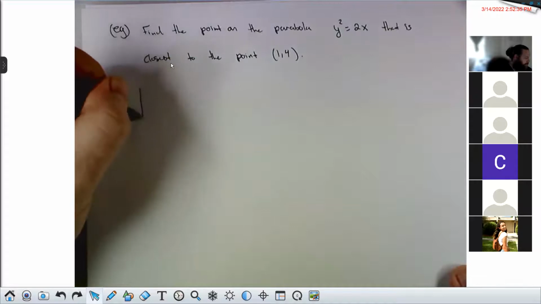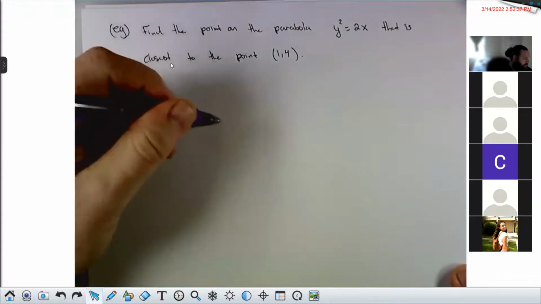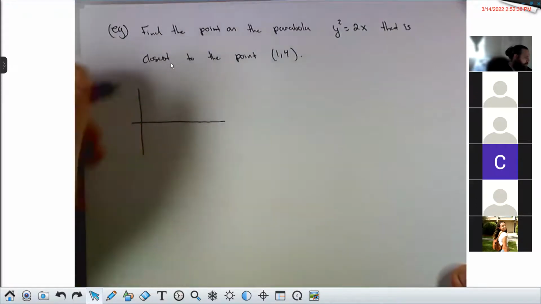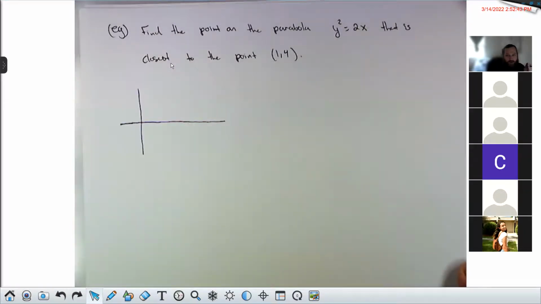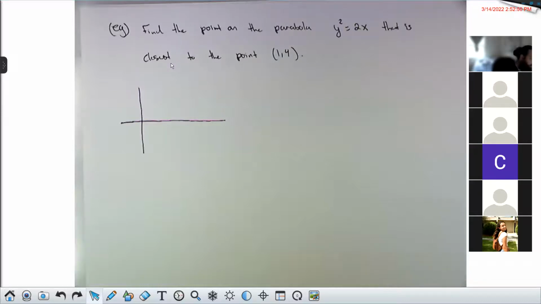Definitely, it is helpful to sketch the graph here. That is going to be your picture for this problem. y squared equals 2x. You can do this a bunch of ways. If you learned how to work with conics more generally in your pre-calculus class, it's a good place to whip that stuff out. Otherwise, you can think of this as x equals 1/2 y squared. So it's going to be the same as like y equals 1/2 x squared, just turned sideways.